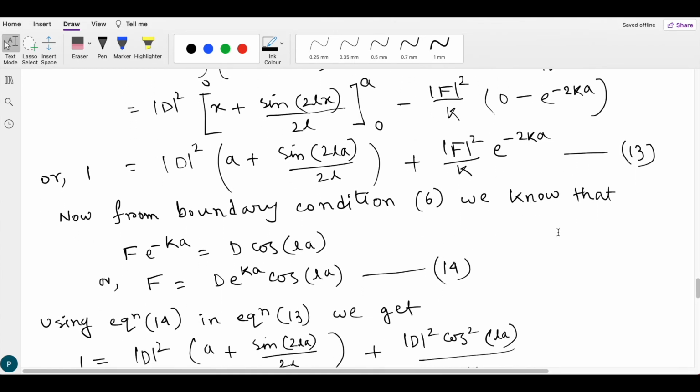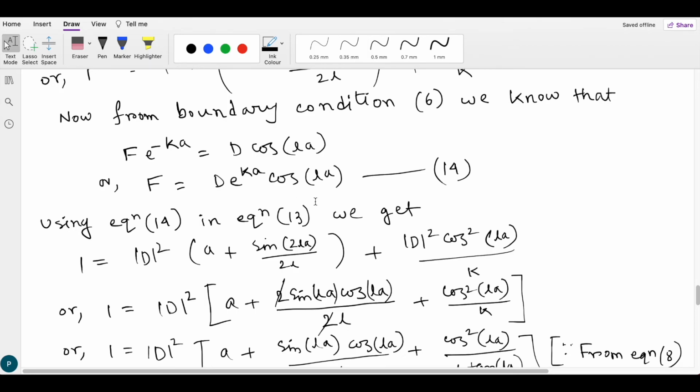Now from boundary condition 6, which is the continuity of psi at the point x equals a, we have the equation f e to the power minus ka equals d cos la, so f equals d e to the power ka cos la, equation 14.